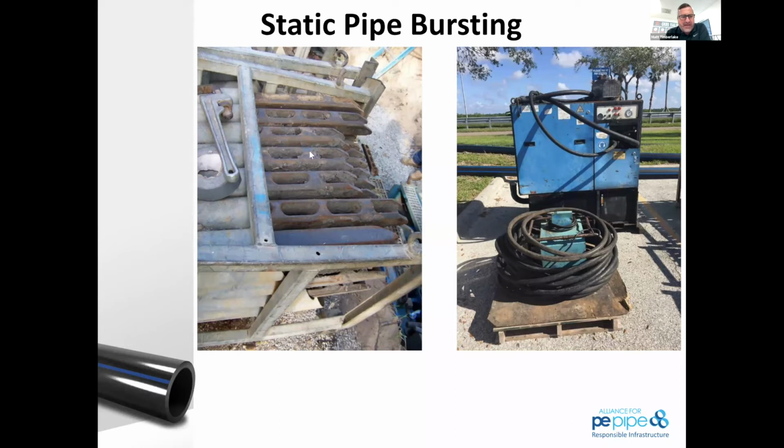So on a static pipe bursting job, oftentimes the only noise at the site while the pipe is being installed is from that hydraulic machine running, versus with a pneumatic installation, you're going to have the air compressor running, plus you're going to hear that percussion from the hammer itself.